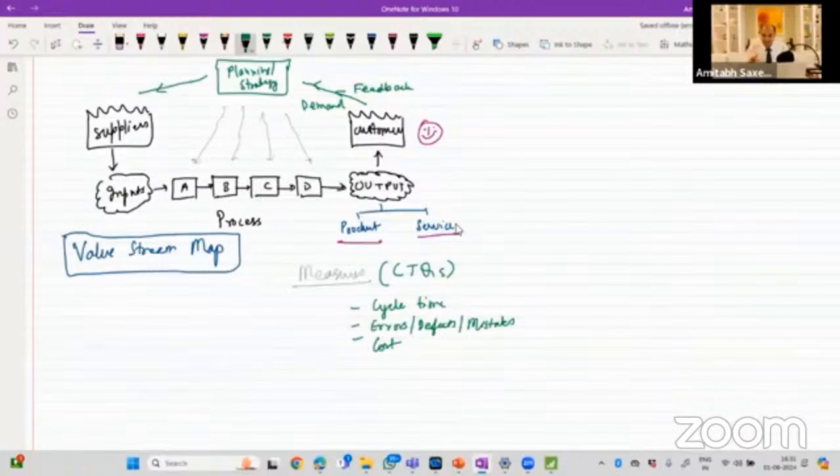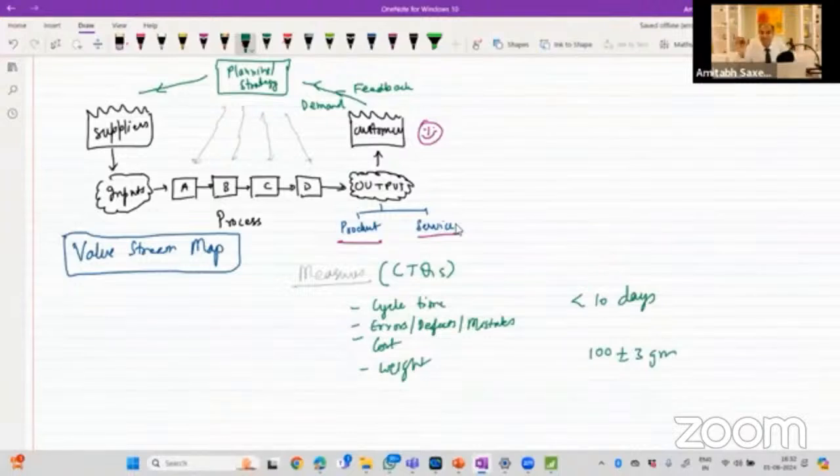Now, this measure has got some specification limits. Specification limits means cycle time should be less than 10 days. Suppose you are producing chocolate, the chocolate should weigh 100 plus minus 3 grams. Cost should be within the specified limits.